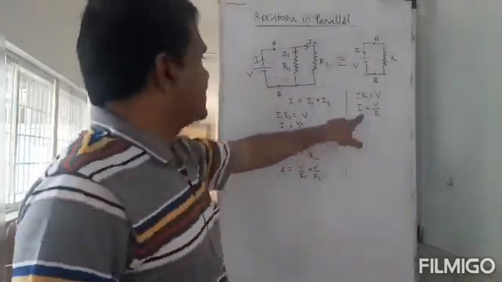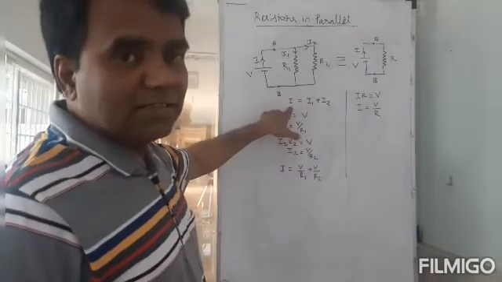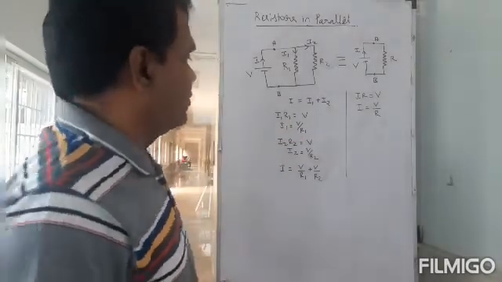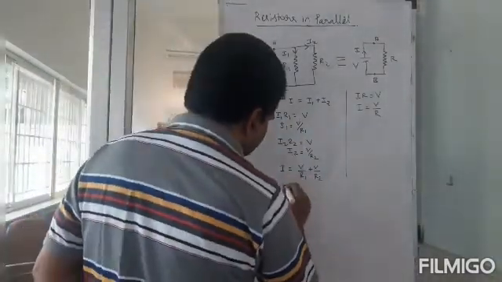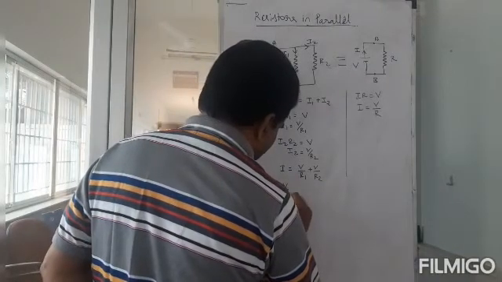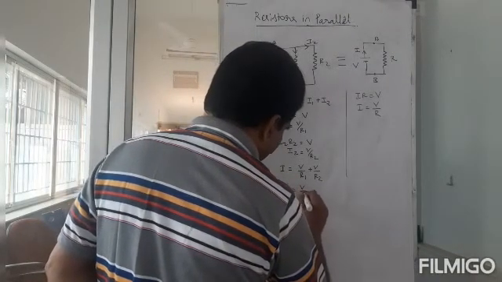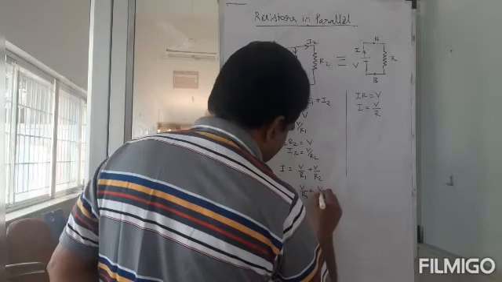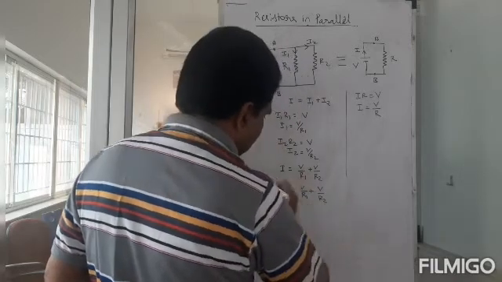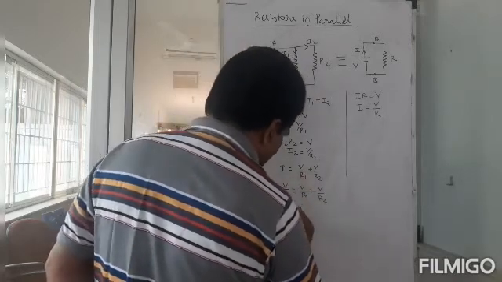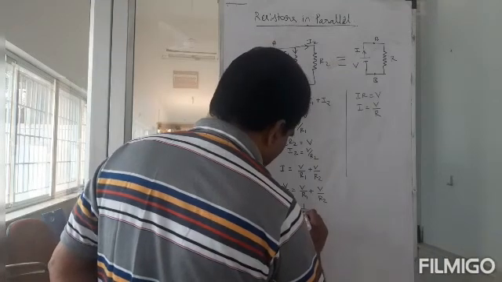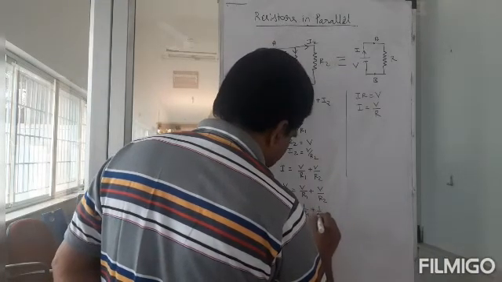And I told you that this I must be the same as this I. So what does it give you? That gives you V by R equals V by R1 plus V by R2. You remove V's and I have 1 by R equals 1 by R1 plus 1 by R2.